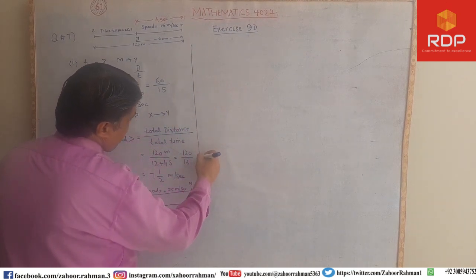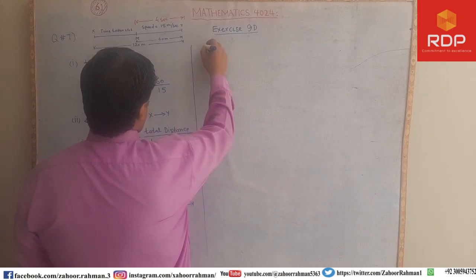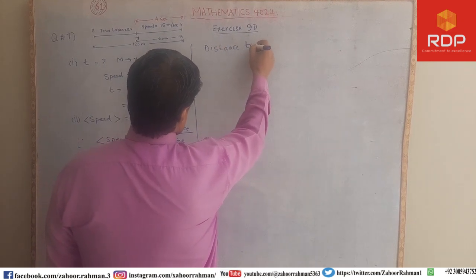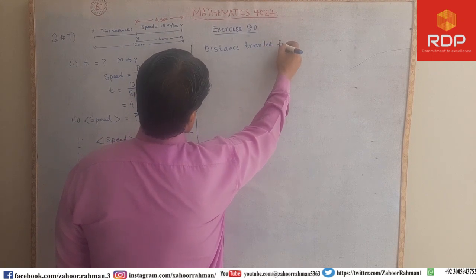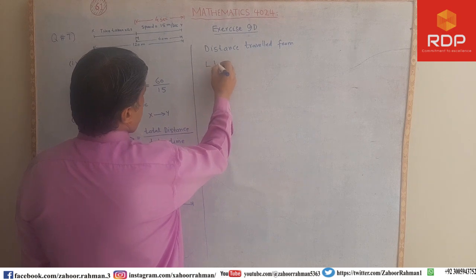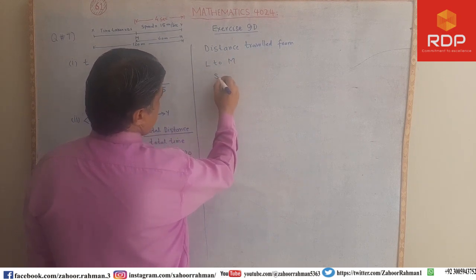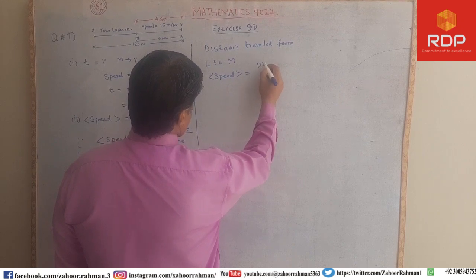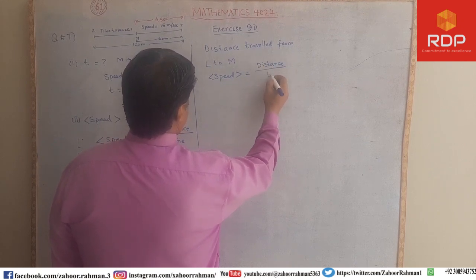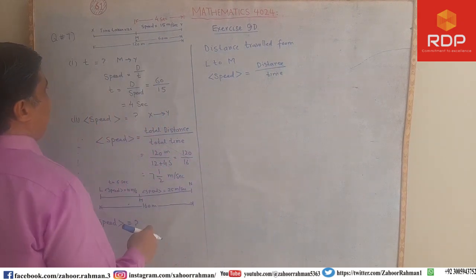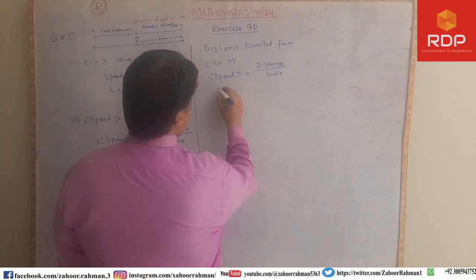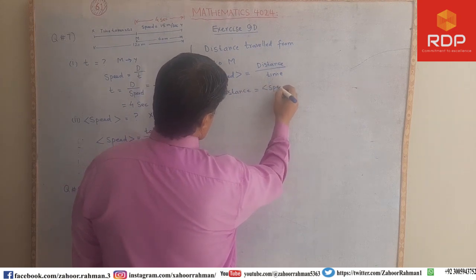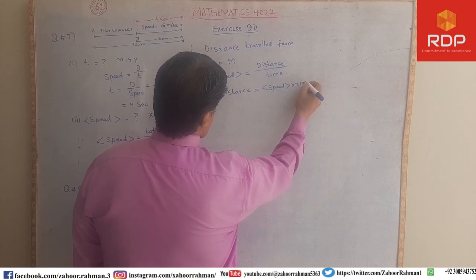So the distance traveled from L to M: average speed is equal to total distance divided by time, and they have given us the speed, so we can find the distance, which is equal to average speed multiplied by time.